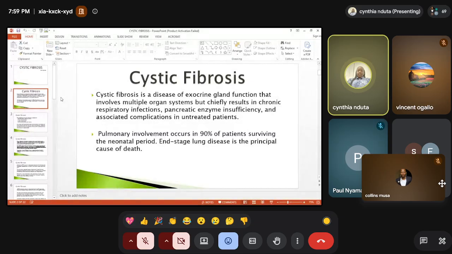Others that are affected include a lack of pancreatic enzymes, yeah, and because of that, associated complications. So in most of the patients, up to 90%, they have pulmonary involvement, yeah. And for most of them, the principal cause of death is end-stage lung disease.